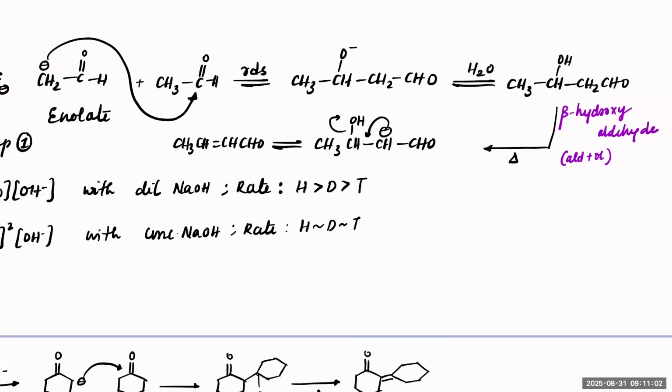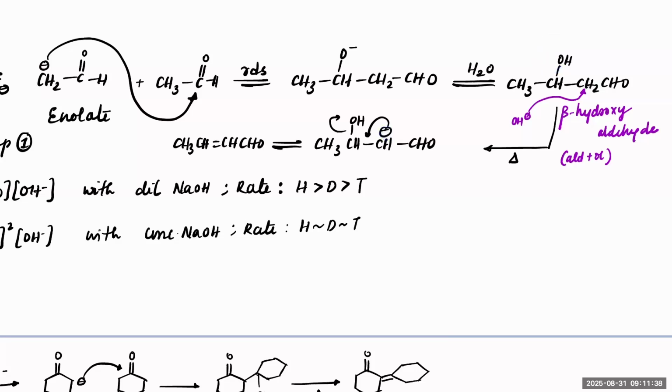And at the beta position, you have an OH which is a very weak leaving group, right? When you have a weak leaving group and you have a base here, the base will definitely try to extract a proton from this alpha position, it will take the H plus, and because of which at this beta position, which has a leaving group, OH minus can leave, because C minus will form here.